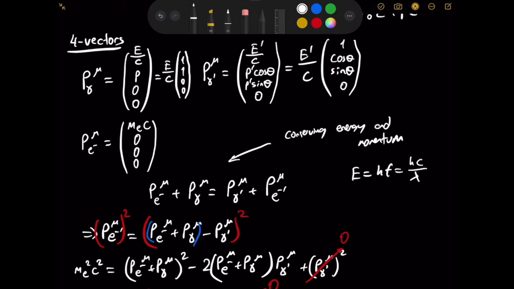So for energy here, I'm going to write h times c over lambda, and c simplifies, so we have h over lambda basically. And here we will have h over lambda prime. You don't write h prime because, as I said, it's just a constant.